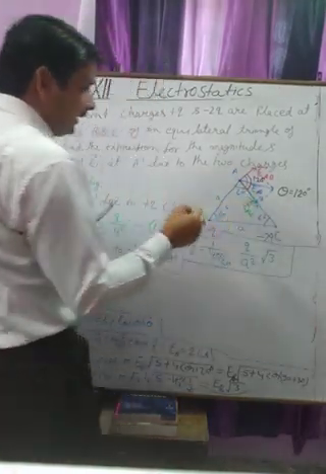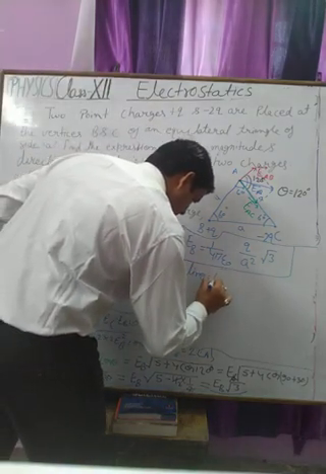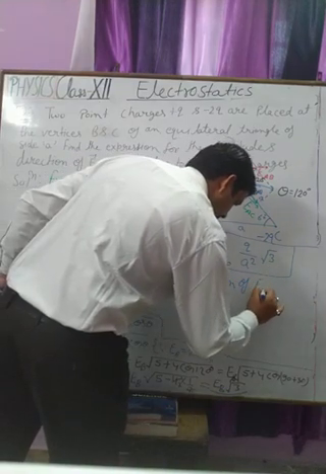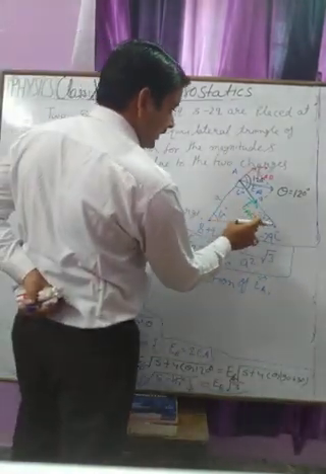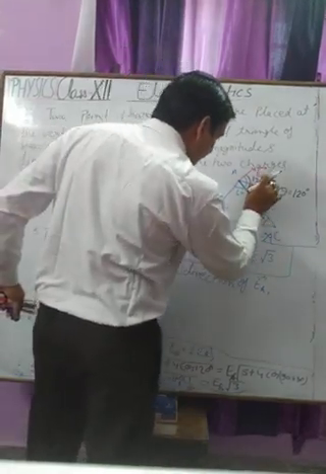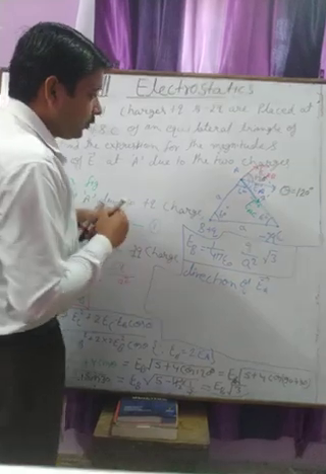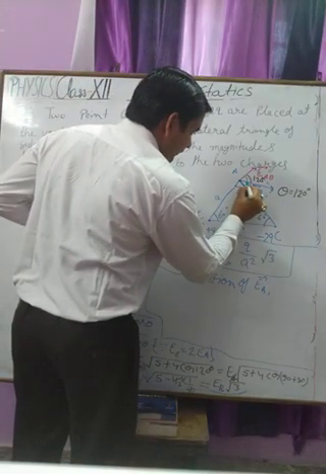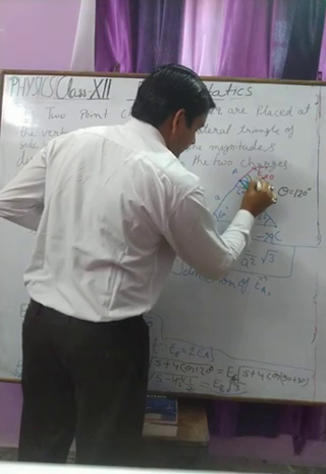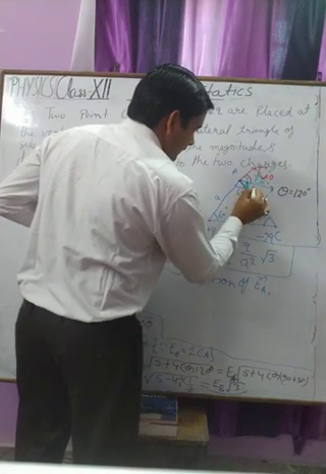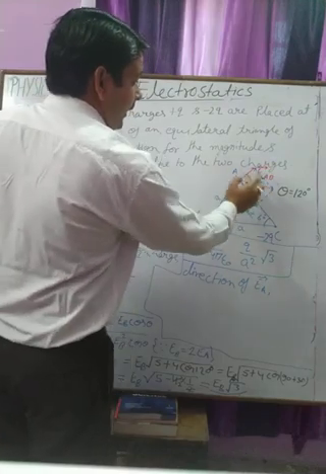And the direction we need to calculate. So we use the formula for the direction of the resultant at A. Suppose it makes an angle alpha, and we need to calculate this alpha along AB.